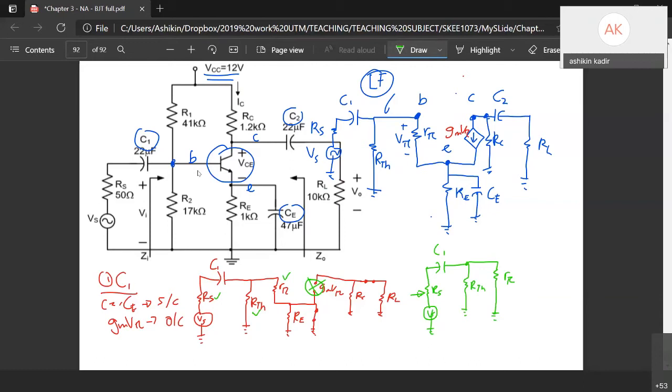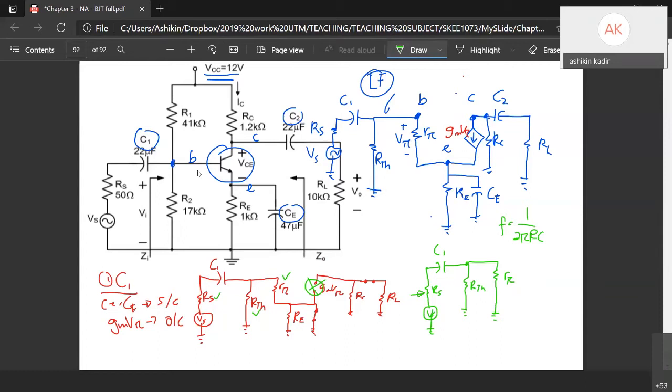For the capacitor, we want to determine the frequency that is affected by the capacitor. So we have the frequency equation, F equals 1 over 2πRC. Okay, so this is the R resistor.